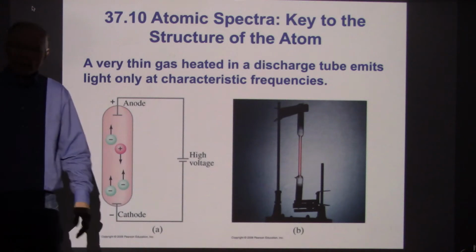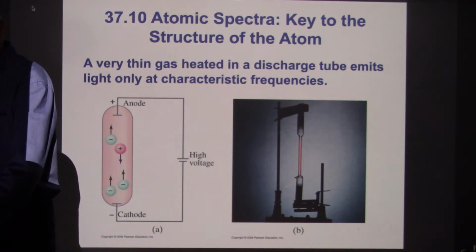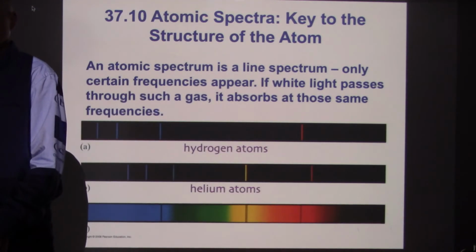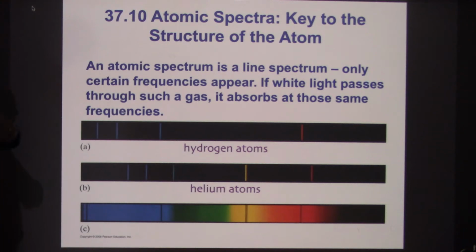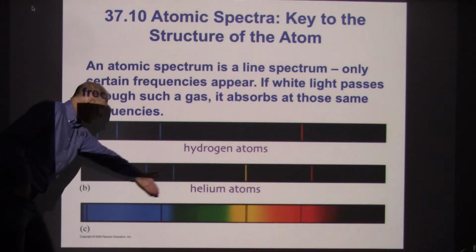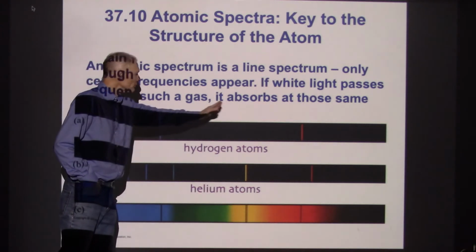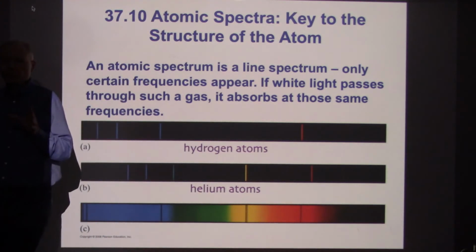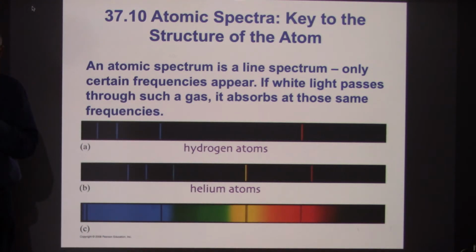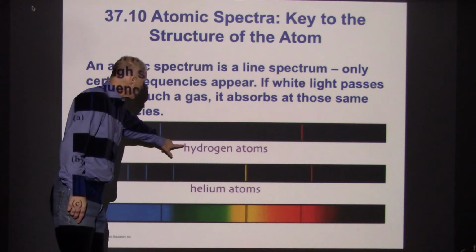And what happens in this case is that we generate light. And we don't generate light with a complete spectrum like we see down here. We generate specific energy photons. Only photons of very definite energy or very definite wavelength will be generated if we're dealing with hydrogen.